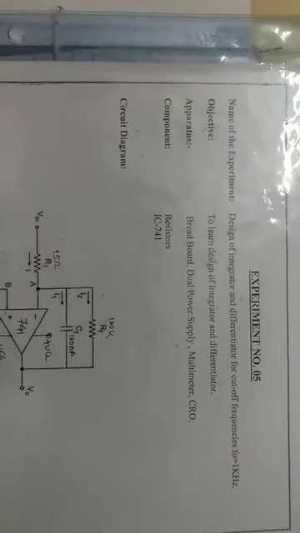So we have to design a practical integrator and differentiator, and we have to note down the shape, whether we are providing a square wave or sine wave, and observe the output across pin number 6, because we know that the operational amplifier has pin number 2 and pin number 3 as the inverting and non-inverting terminals.